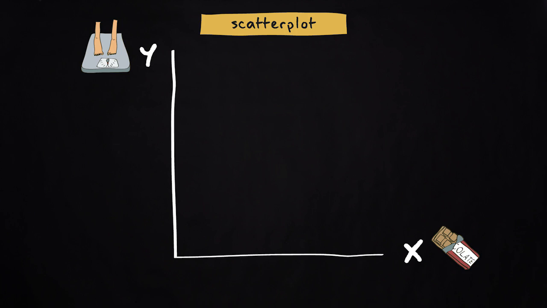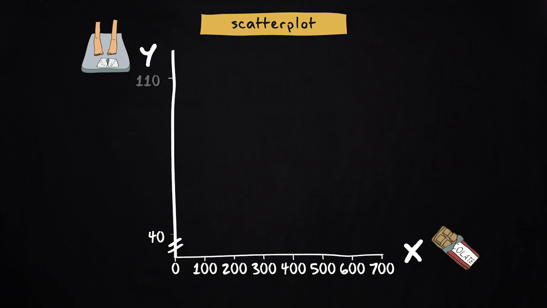Imagine that our study shows that the lowest amount of chocolate eaten is equal to 0 grams per week, and the highest amount is 700 grams per week. We display these values on the x-axis. Similarly, the minimum value when it comes to body weight is 40 kilograms, and the maximum value is 110 kilograms.